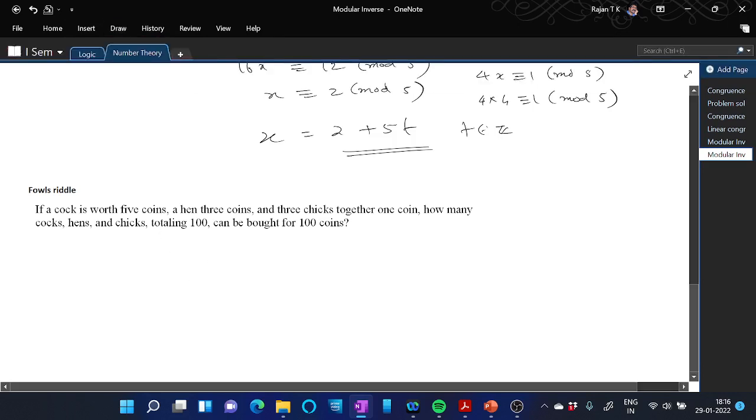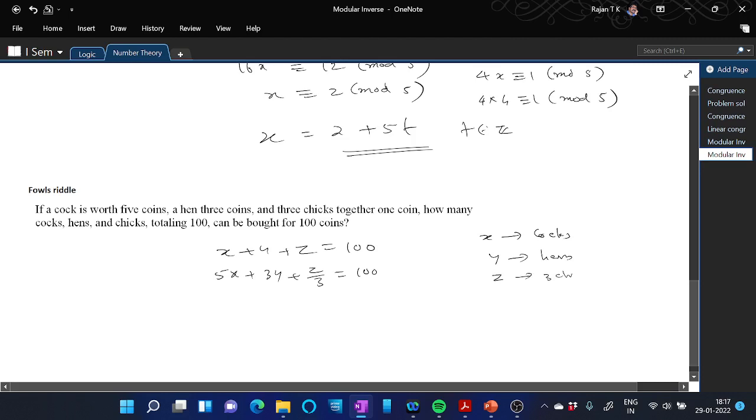This riddle generates two equations: x plus y plus z is equal to 100, and 5x plus 3y plus z by 3 equal to 100, when you assume there are x number of cocks and y number of hens, and 3 chicks cost 1 coin, so each chick z by 3.